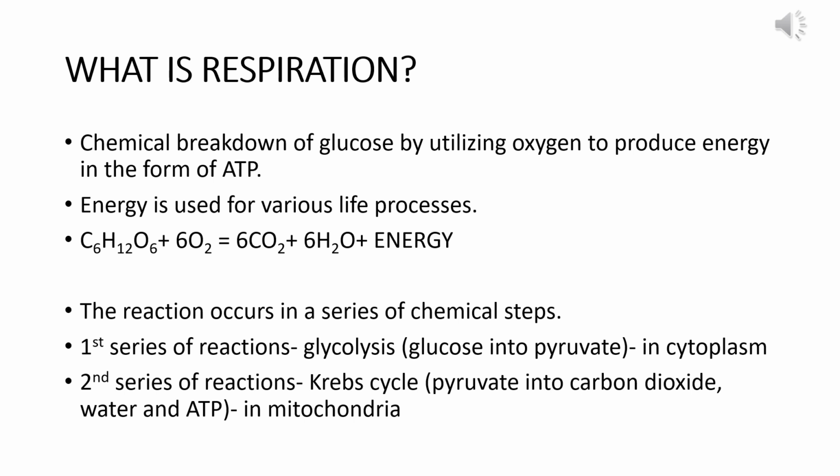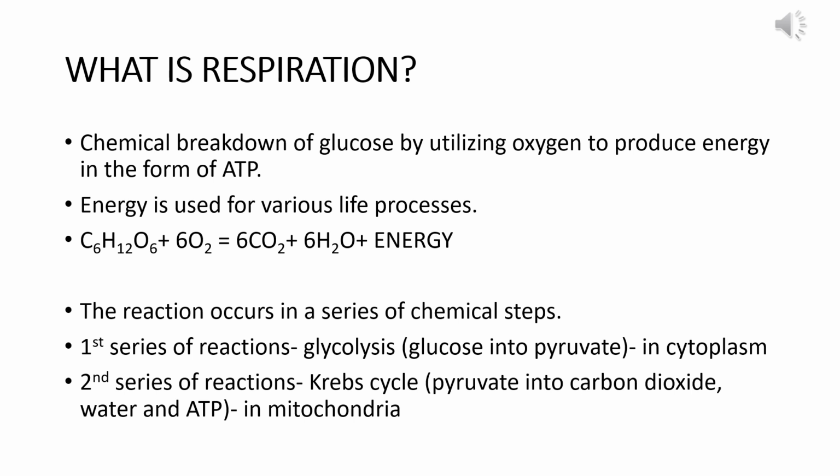We need the energy for doing various life processes like reproduction, food hunting, escaping from predators, making new cells of our body, repairing the wounded cells of our body, etc. So respiration is a chemical process by which the food that we intake is oxidized to produce energy in the form of ATP, which is utilized by us to perform the various life processes.